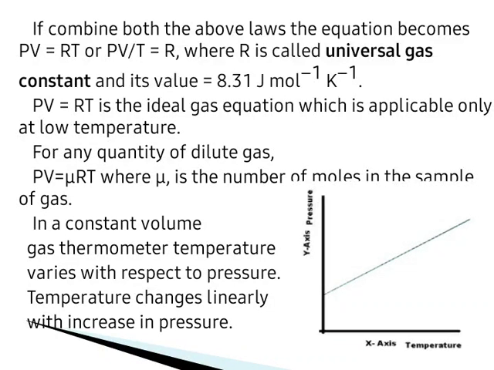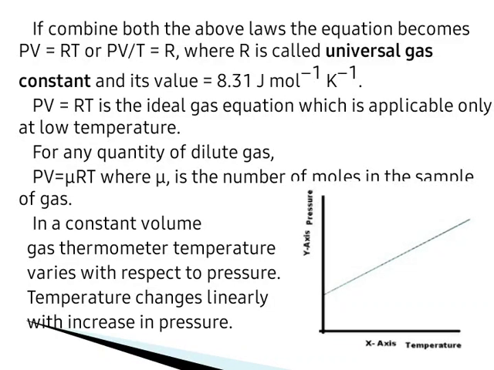For any quantity of dilute gas, we have to use the modified form of ideal gas equation. It is PV is equal to nu RT, where nu is the number of moles in the sample of gas. Then, what is mole? It is one of SI units used to express the number of particles or molecules present in a substance.